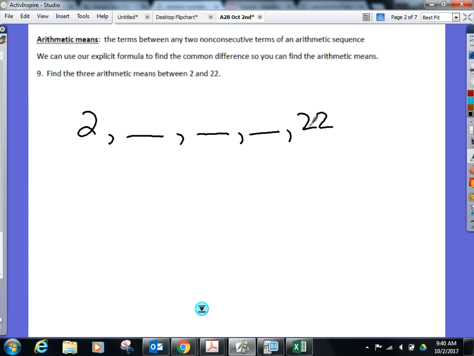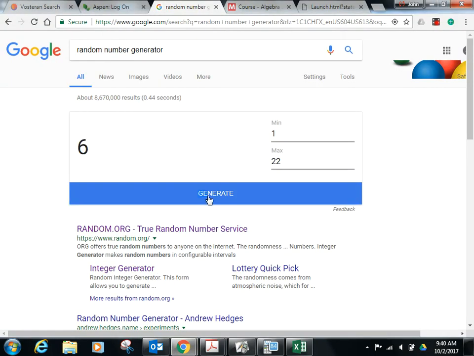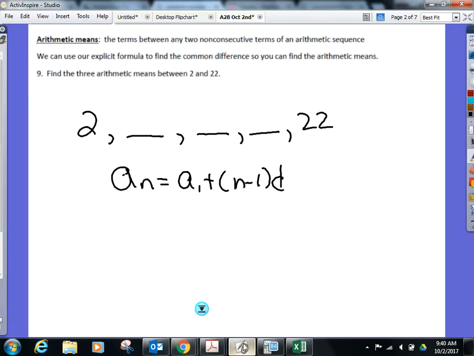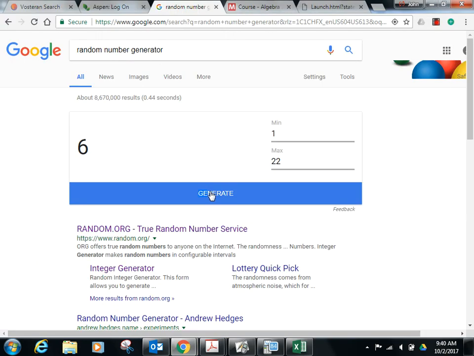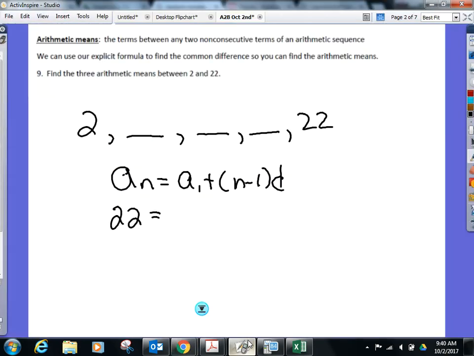All right, so let's go ahead. We know it's arithmetic. We got an explicit formula that has the D term in it. Let's see if you guys can help me out plugging in everything except for that D value. All right, let's go. Give me any term in the sequence that's not the first. 22. Give me the first term. 2.